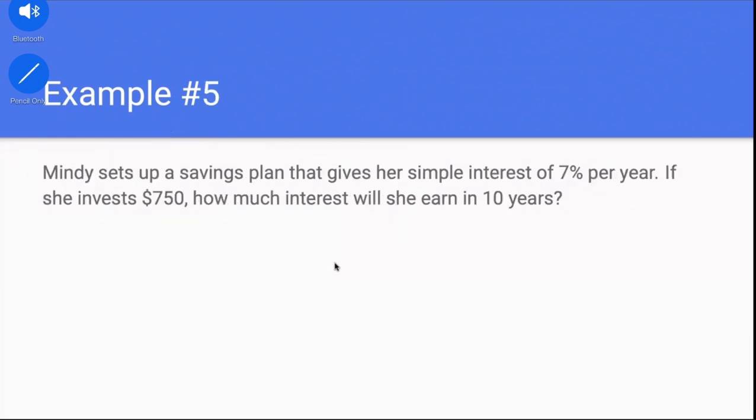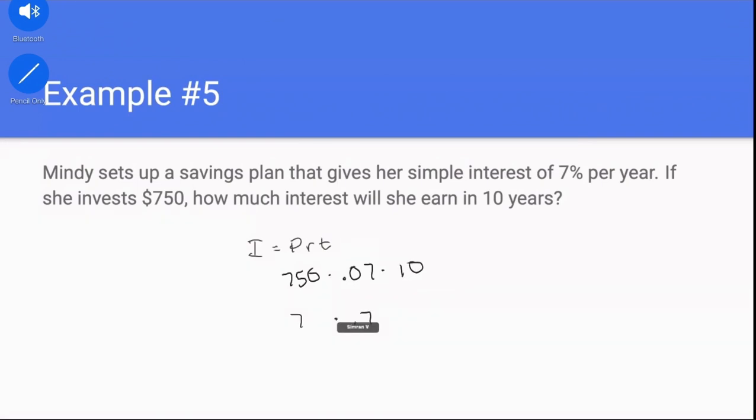On to our next problem. Mindy sets the saving plans up that will give her a simple interest of 7% a year. If she invests $750, how much interest will she earn in 10 years? Okay, so first I equals PRT. And so our principal is going to be 750 times 0.7% times 10.